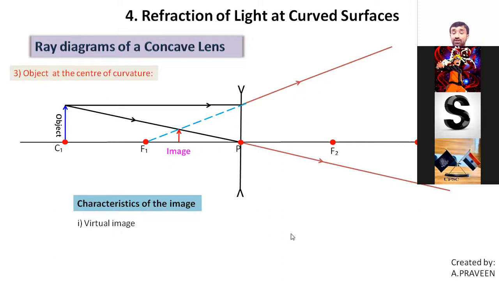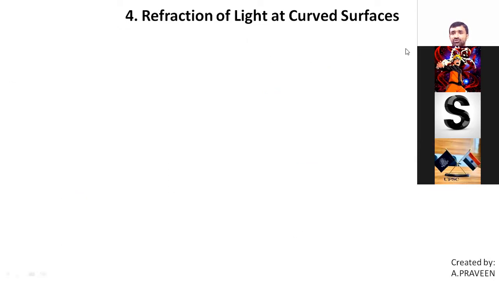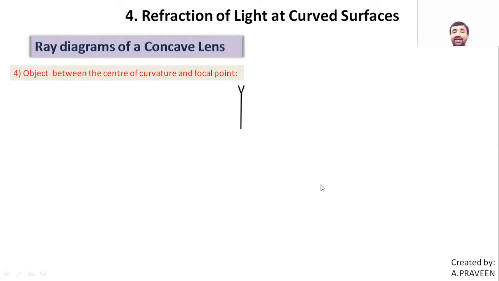So it is virtual. Then a virtual image is always erect. What about the size of the image here compared with the object? Sir, diminished. Very good. Then position. Sir, between F and P. Okay. So I got F1 and P, the characteristics. Then we'll go for another situation. What is the situation here? Placing the object between the focus and the center of curvature, right?